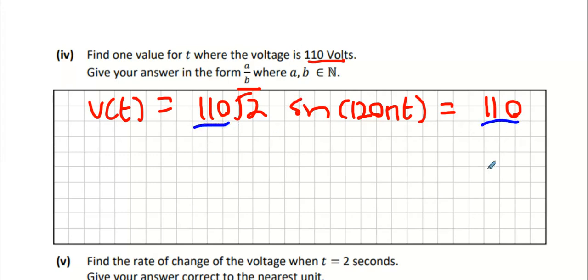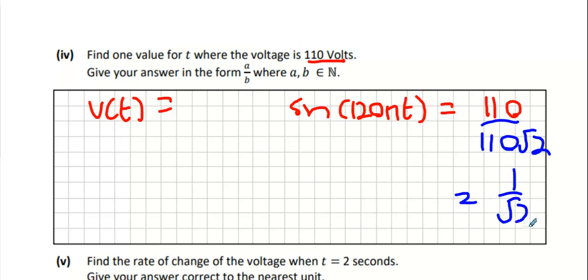We're going to bring this 110 under and divide it. And I'll even bring the root 2 underneath as well. So we actually have 1 over root 2 equals sine 120 pi t.